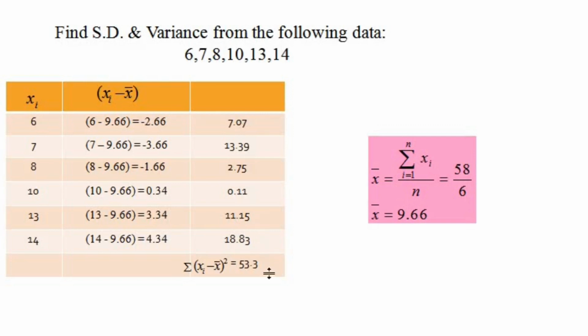Then we take their sum: summation xi minus x bar, bracket square, is equal to 53.3. These three columns we have to prepare when we find the standard deviation and variance.